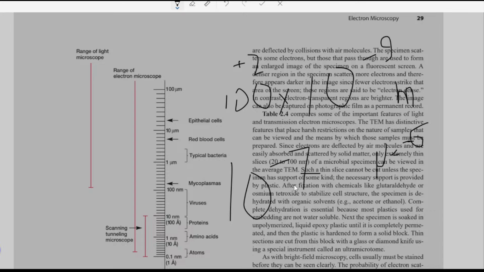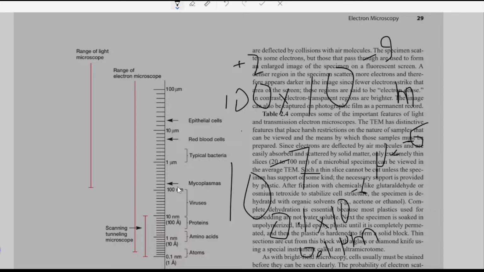This is minus 7. So this will be 0.1 multiplied by 10 raised to power minus 6 meter. So that will be 0.1 micrometer, right? So looks like this area is 0.1 micrometer.